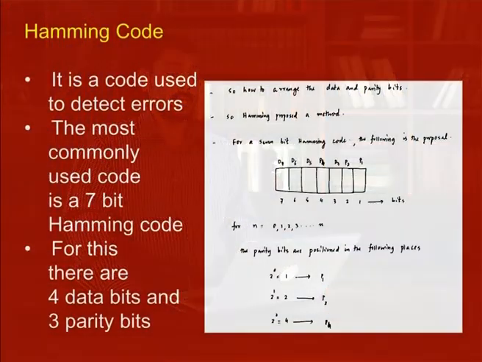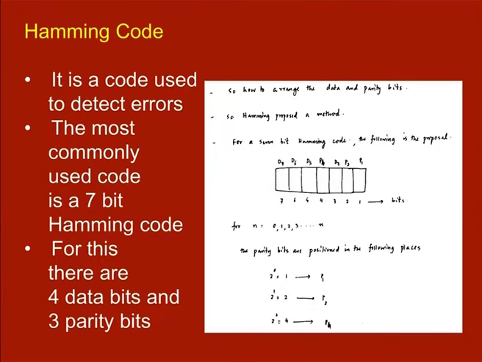Now, let us discuss a very important coding method called Hamming code. It is a code used to detect errors, and the most commonly used code is a 7-bit Hamming code. For this, there are 4 data bits and 3 parity bits.